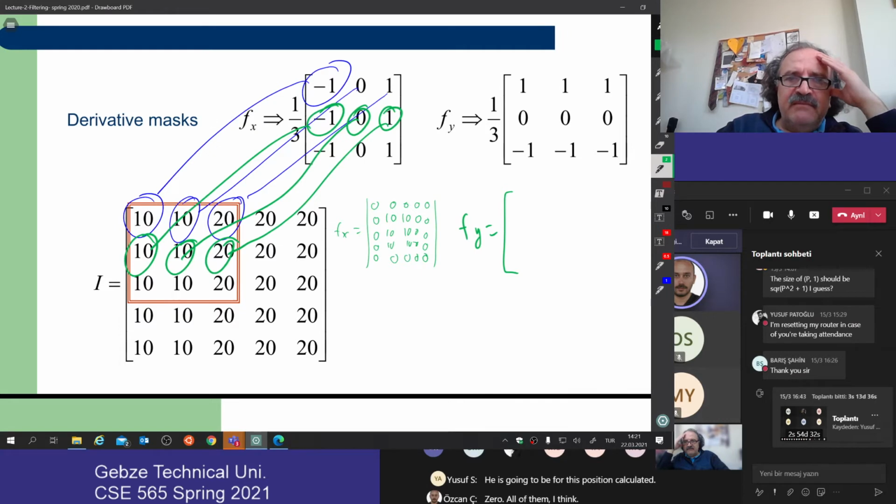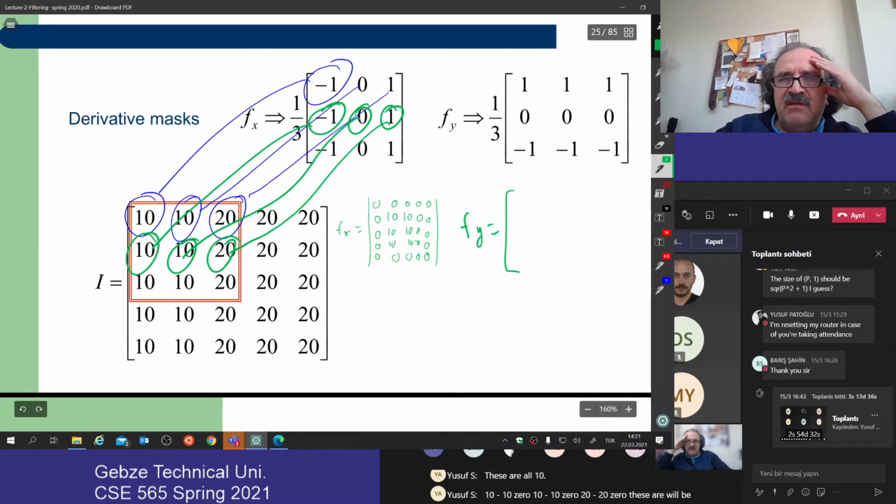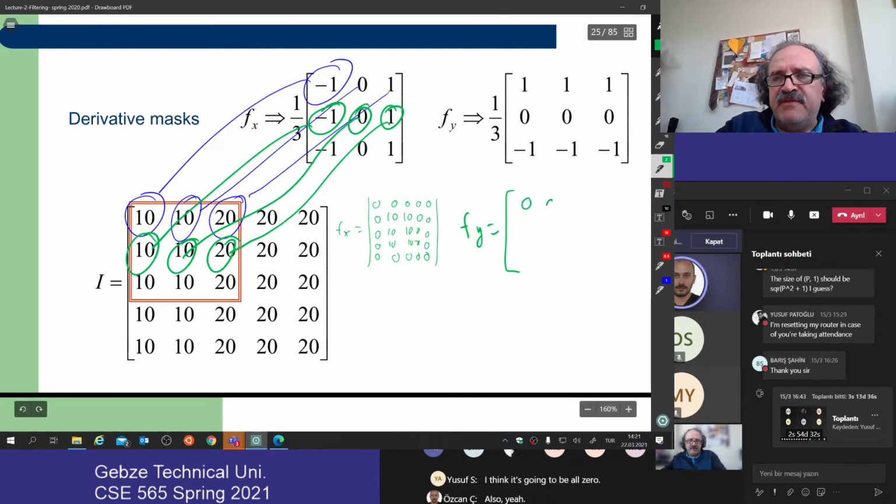These are all 10. 10 minus 10, 0. 10 minus 10, 0. 20 minus 20, 0. These will be calculated by zeros. I think it's going to be all 0. All 0, yeah. 5 zeros. 1, 2, 3, 4, 5. It's going to be all 0.